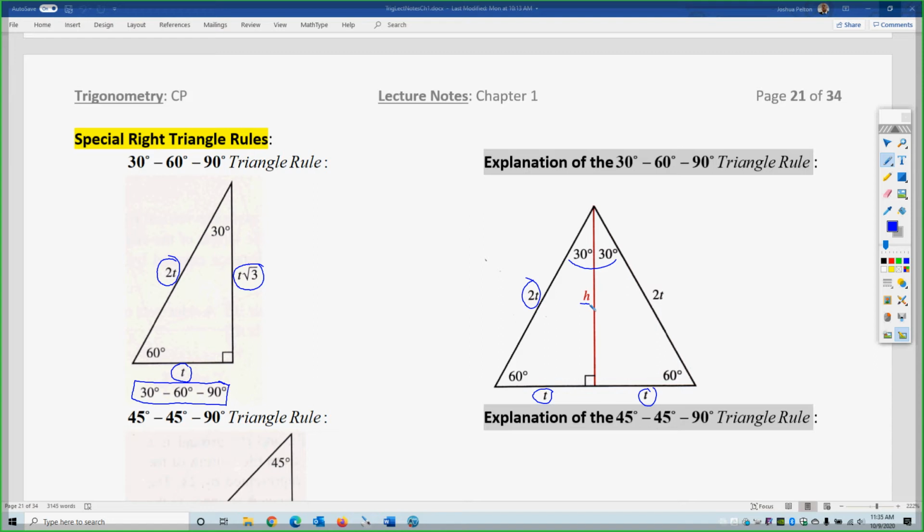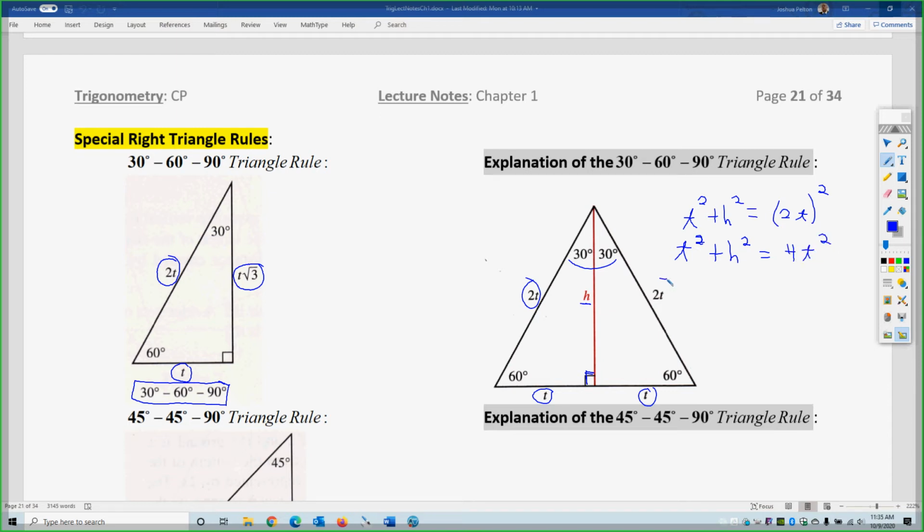So the question is, how do we get the height, which is the altitude that's drawn? Well, we can use the Pythagorean theorem since it's a right triangle. We have t squared plus h squared equals (2t) squared. So t squared plus h squared equals 4t squared.